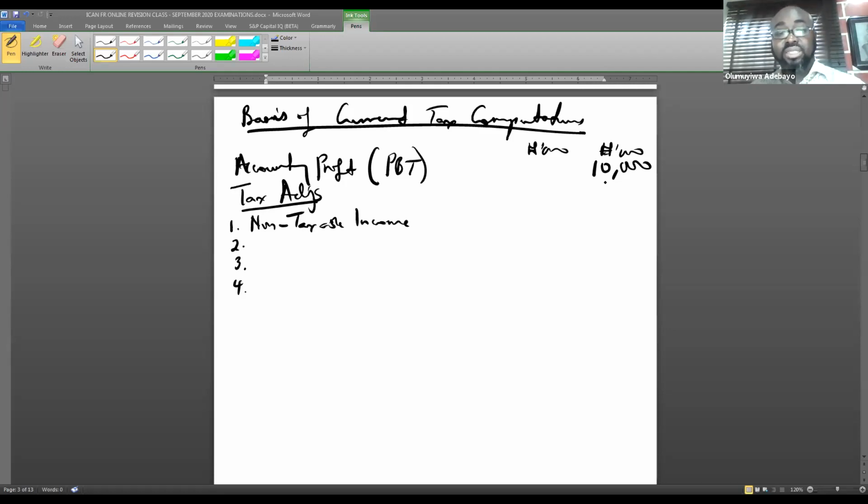All of these are what constitute non-taxable income for that particular financial year. If that is the case, such amount of income included in this 10 million has to be deducted. Let us say it's 1 million, or a figure in thousands in this case.